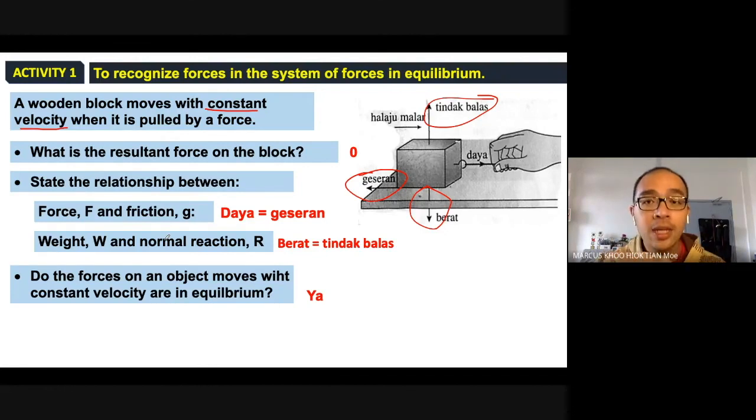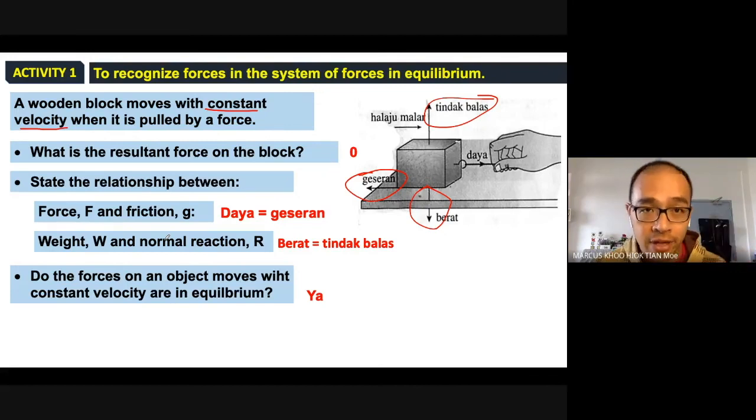Resultant force equals to 0 or forces are in equilibrium simply can be either the object is stationary or the object is moving but with a constant velocity. There is no acceleration. The only way that it is not in equilibrium, meaning one force is bigger than the other, is if there is an acceleration.